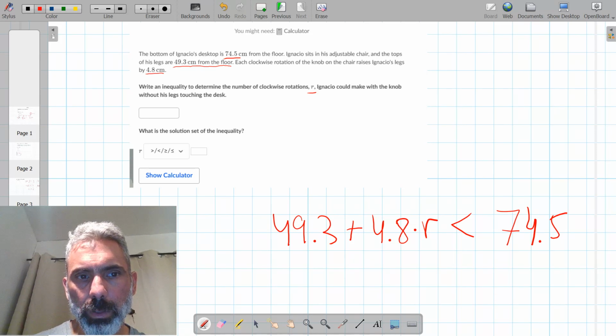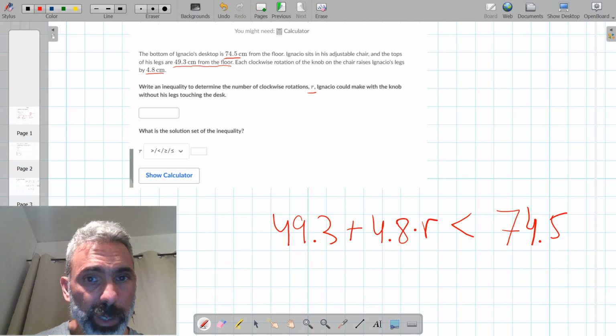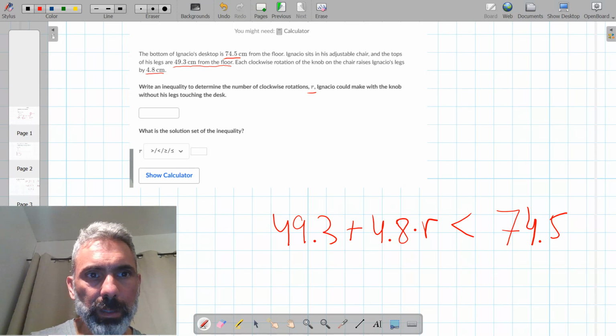So not less than or equal to, but less than, because we don't want Ignacio's legs to touch the desk. If it would be less than or equal to, then his legs would touch the desk.